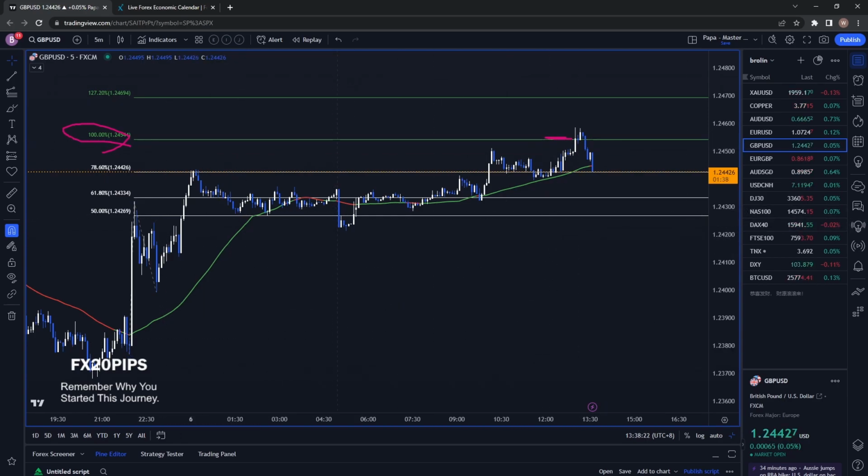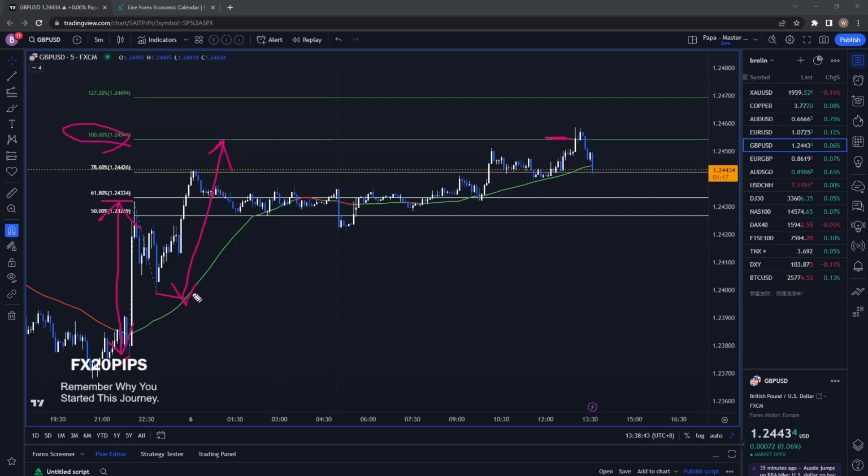So we had 0.1, 0.2 and 0.3. So this length is the same as from here to here, and that's why it's 100%. It's just that it takes more time to reach the same length.